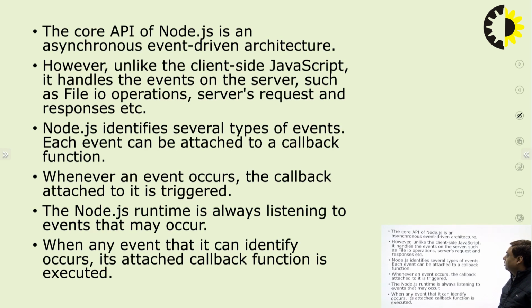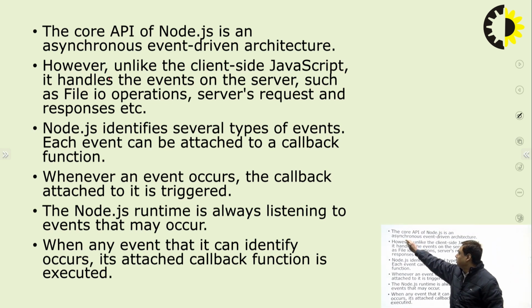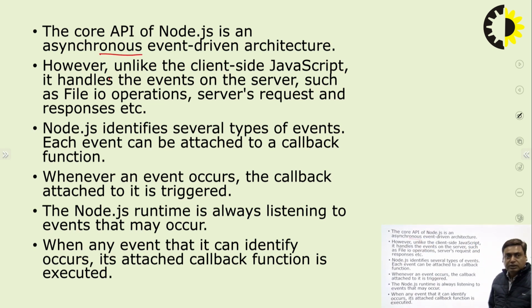The core API of Node.js is asynchronous events, which I already discussed. Node.js is an asynchronous programming approach, so event handling in Node.js is also a type of asynchronous approach.